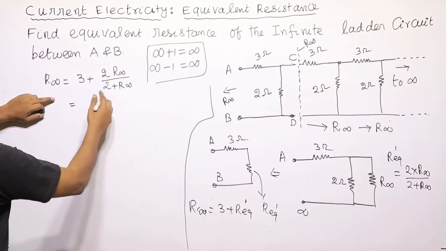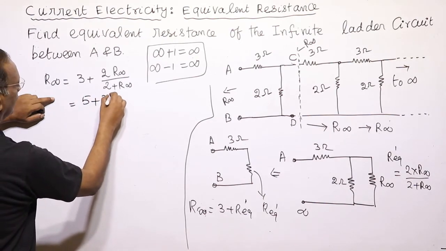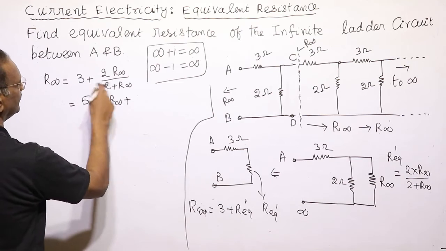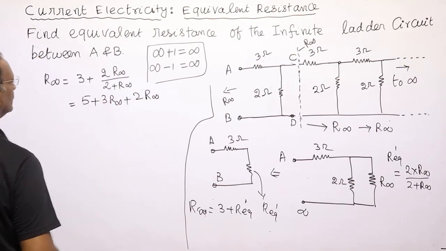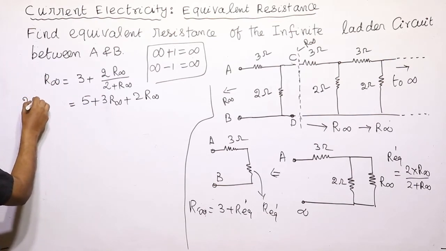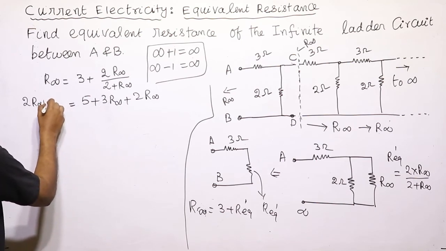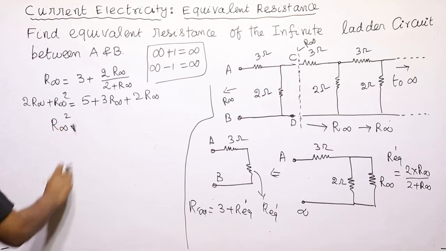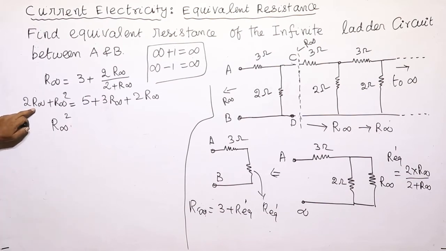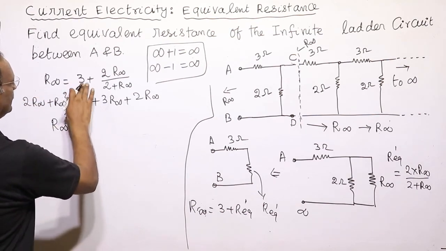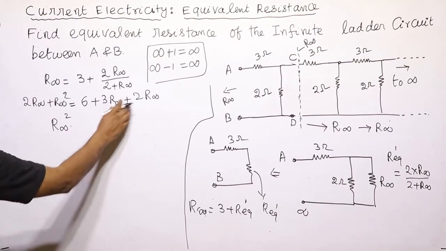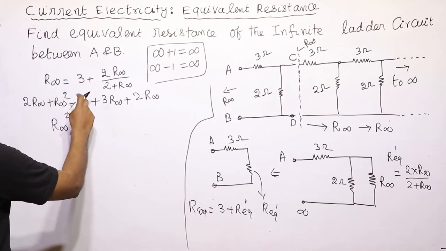So R infinity is equal to, when you multiply, 3 times 2 is 6, 3 R infinity plus 2 R infinity becomes 5 R infinity, plus the term 2 R infinity plus R infinity square.